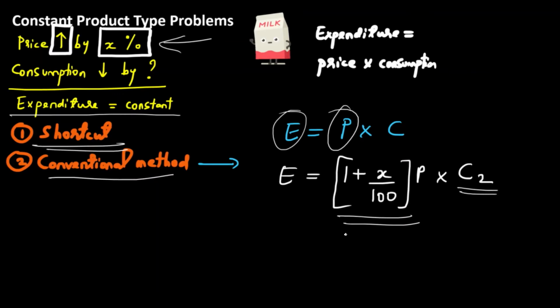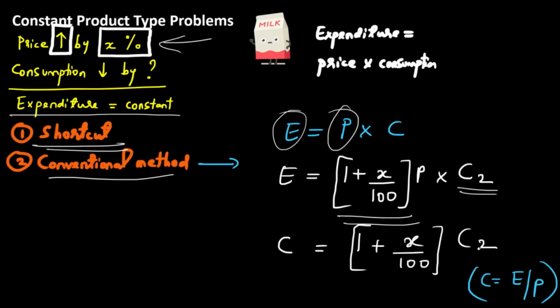All right, so this I can rewrite it as C is equal to 1 plus X by 100 into C2, because I take this P to the left hand side and I get E by P over here, and E by P is equal to C from this equation over here, right?